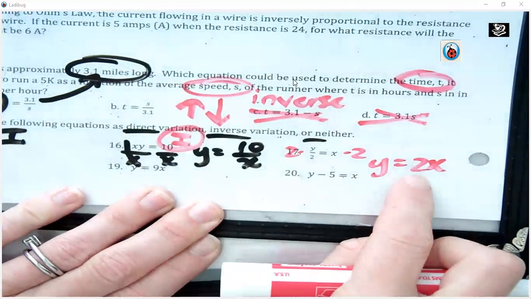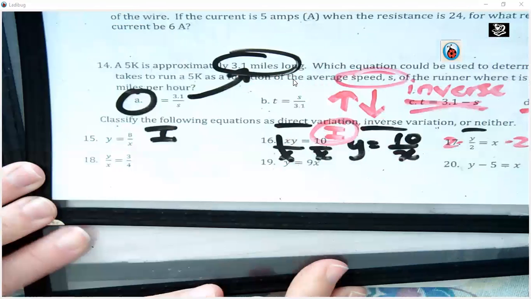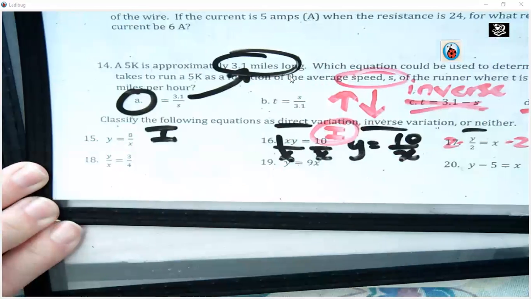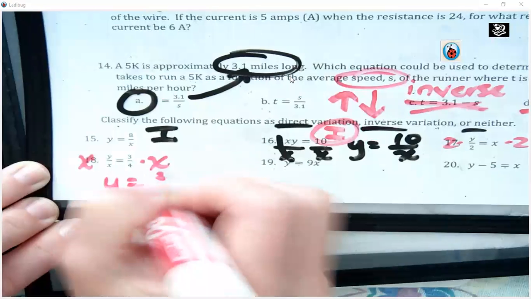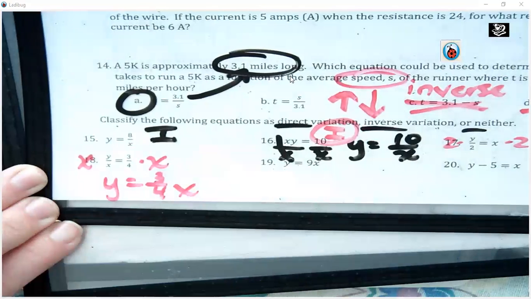Direct. Thank you, Addie. On 18, what do you have to do first? Multiply by x. Good, so y equals 3/4 x. Somebody new, is that direct or inverse? Direct.